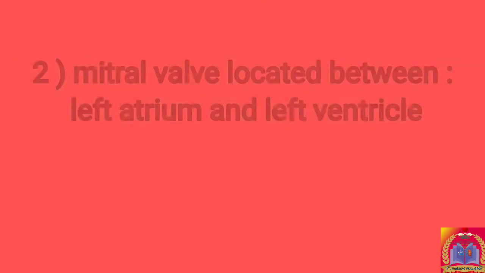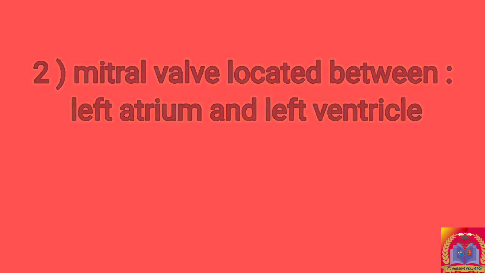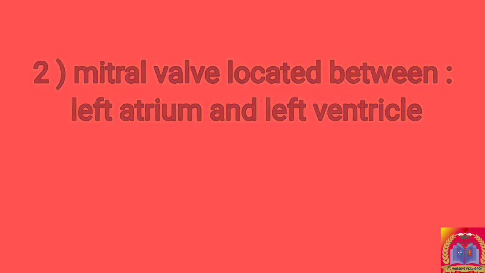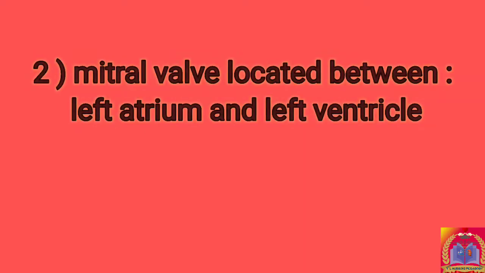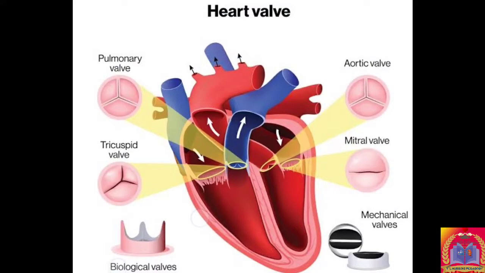So move on to the next point, that is the mitral valve, which is located between the left atrium and left ventricle. We are all familiar with this point. However, we need to get some more information related to this. With the help of a diagram, I will explain that. So friends, the heart has 4 chambers: 2 upper chambers, the atria, and 2 lower chambers, the ventricles.